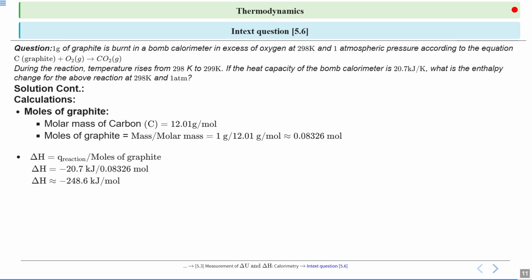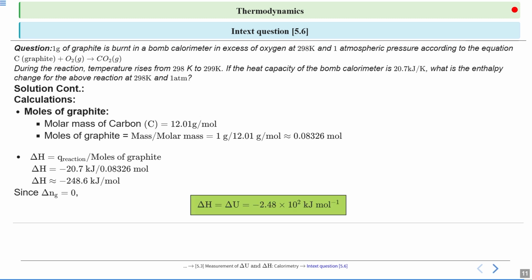Therefore, the Q reaction that we got at constant volume can be equated with the enthalpy change and further divided by the moles of graphite to get the enthalpy change in terms of kilojoule per mole. So it is written here that your delta Ng should be 0. Therefore, the delta H and delta U both are equal to minus 2.48 into 10 to the power 2 kilojoule per mole.